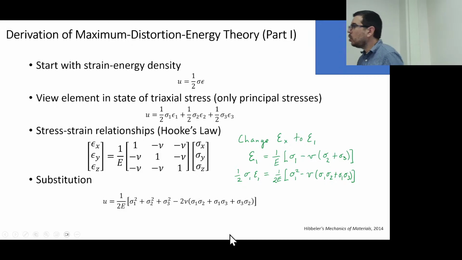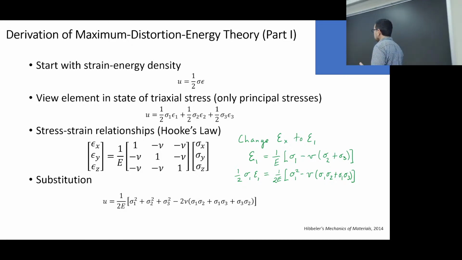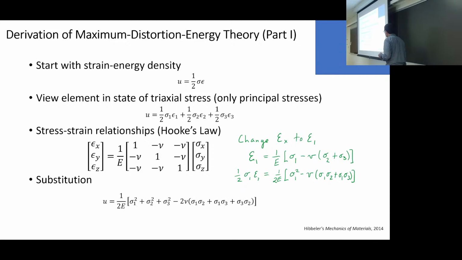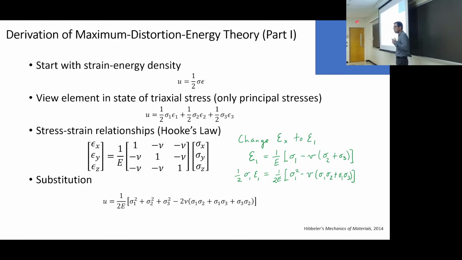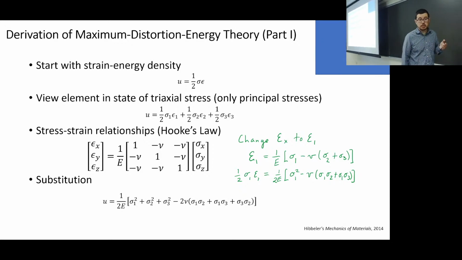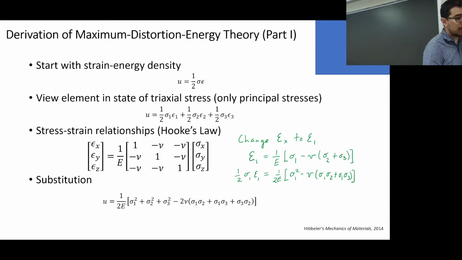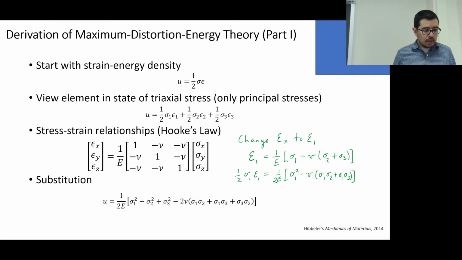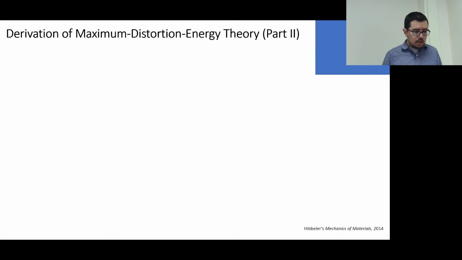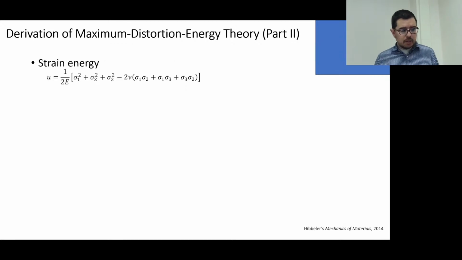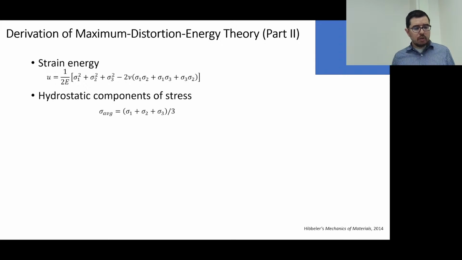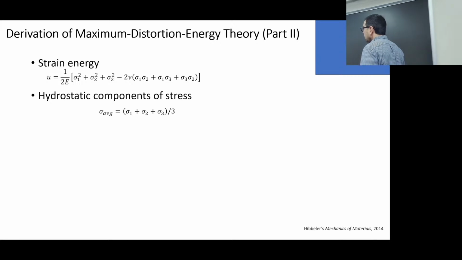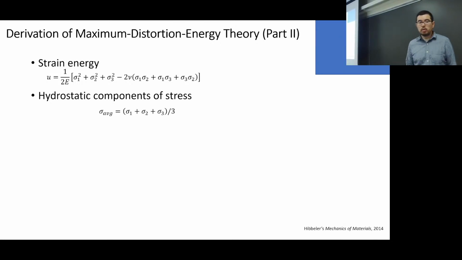Now we have a strain energy that is based on an elastic modulus, it's based on Poisson ratio, and it's based on essentially sigma 1, sigma 2, sigma 3. There's the same equation going further. If we look at the hydrostatic components of stress, the hydrostatic components would be the average of all three.